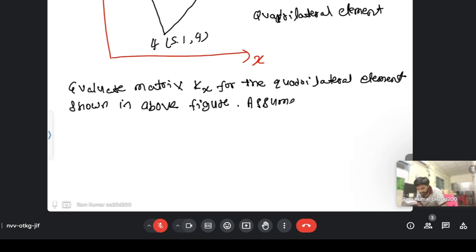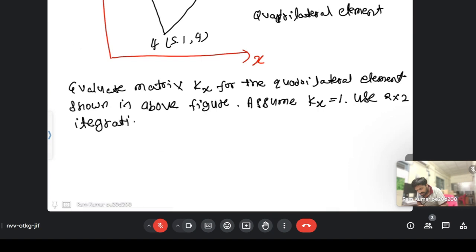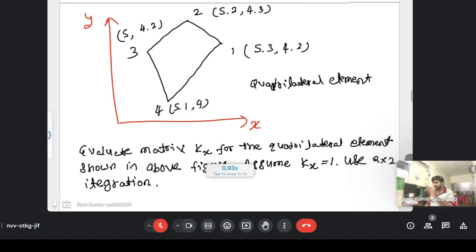Assume kx equal to 1 and use 2 cross 2 integration. Yes, please solve this problem.